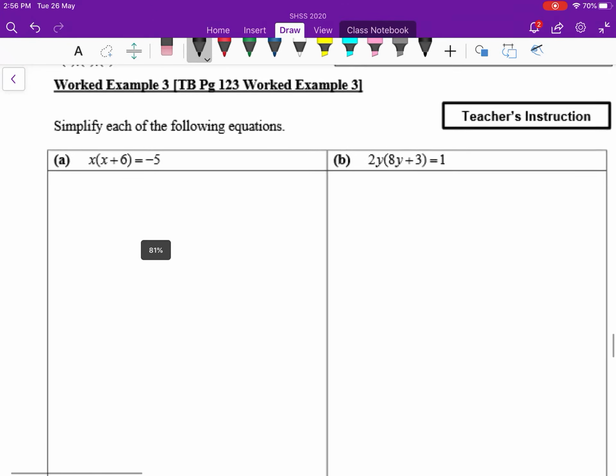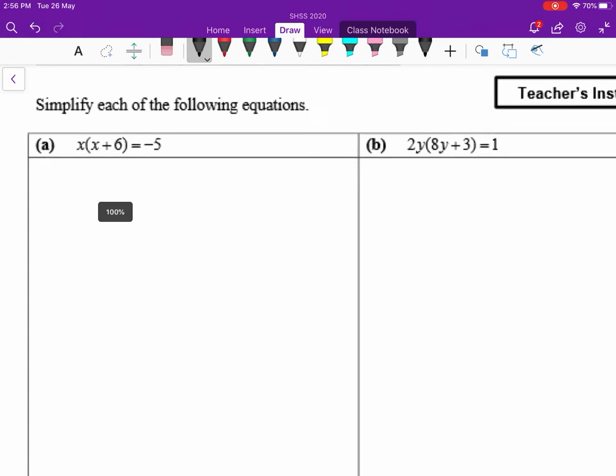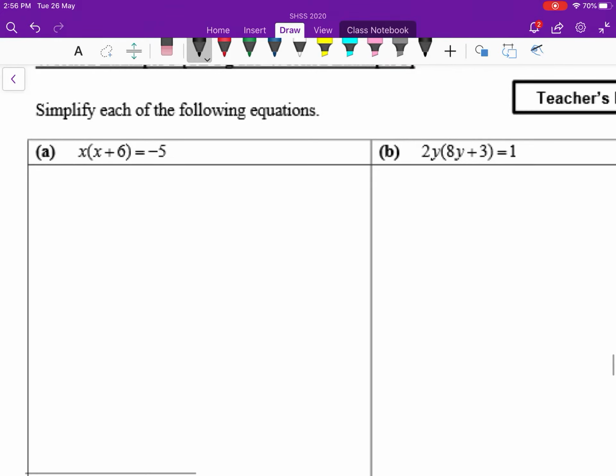Let's go through, once you're done with that classwork, let's go through work example number 3. Very quickly, work example number 3 is very easy. Now, they ask you to simplify and solve each of the following equations. If you take a look at these equations, the difference between this equation and the previous equation is the previous equation is equals to 0, but this is not 0.